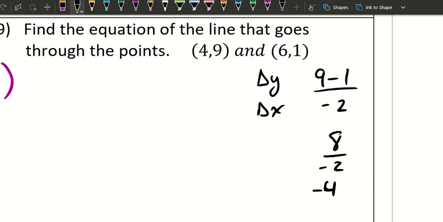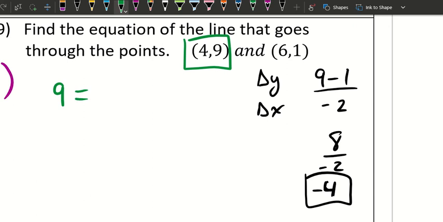I now know one of my 2 parameters for this line. I know my slope parameter. It is the number negative 4. Now to find my y-intercept parameter, I'm going to arbitrarily pick this point right here, and I'm going to write that 9, which is y, equals m, which is negative 4, times x, which is positive 4, plus b. You can see what I did.